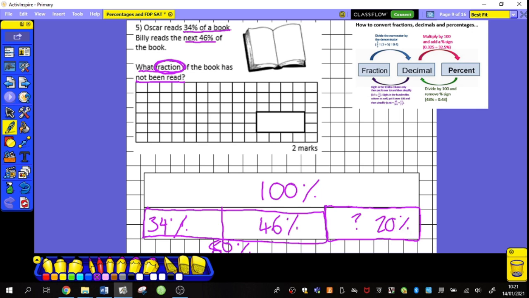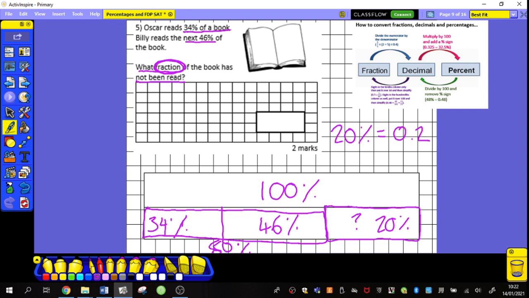Now that I can't put in my answer box because it's not asking for 20%, it's asking what fraction. So I now need to convert 20% into a fraction. So let's have a look. To get from a percentage to a decimal, I divide it by 100 and remove the percentage sign. So 20% is 0.2.